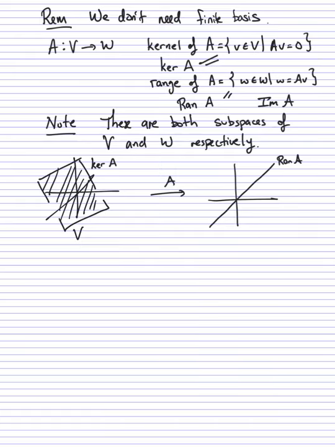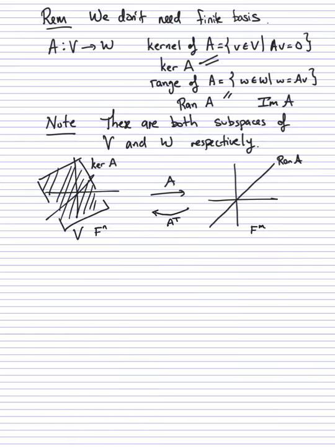Let me note here, if we have A as a matrix, let's suppose this is just going from F^n to F^m. Then we have the transpose of A, which will also be useful to keep track of.